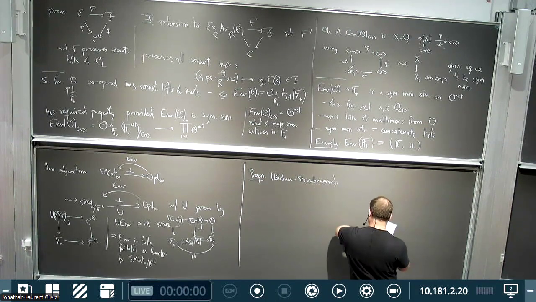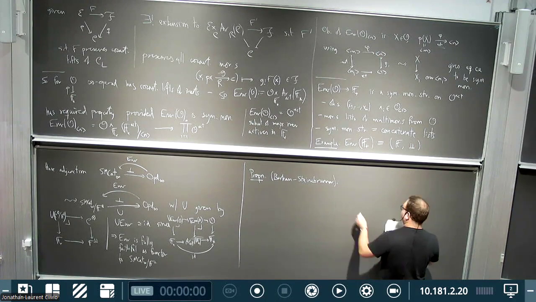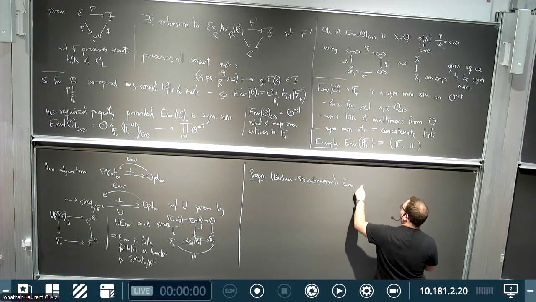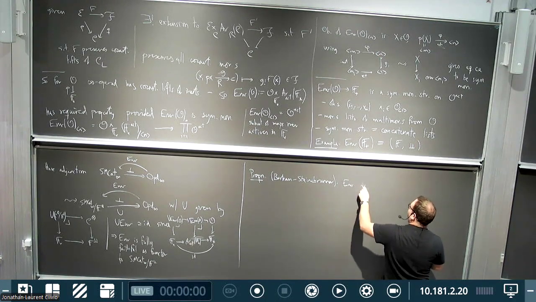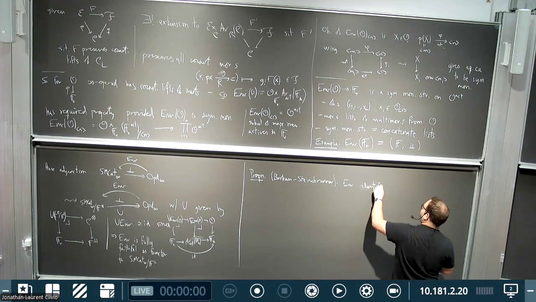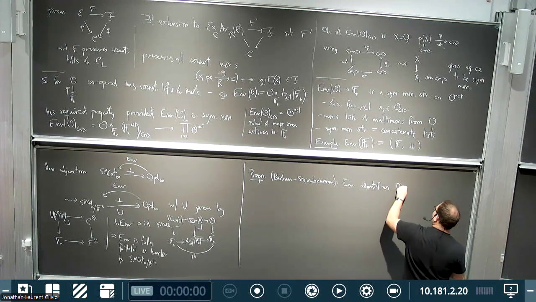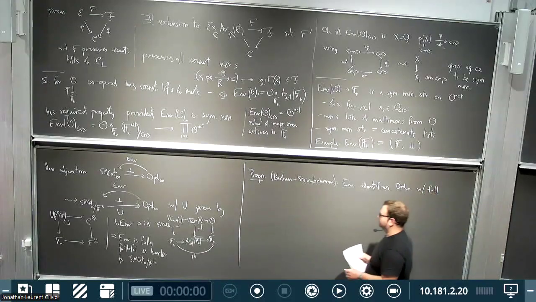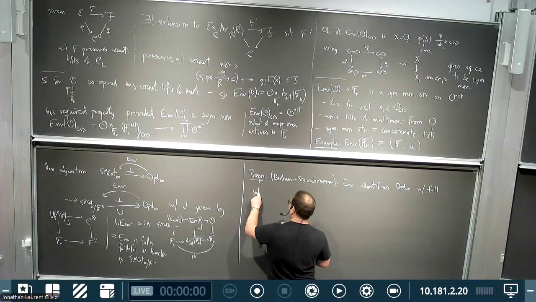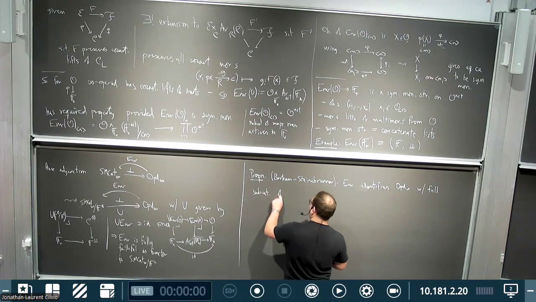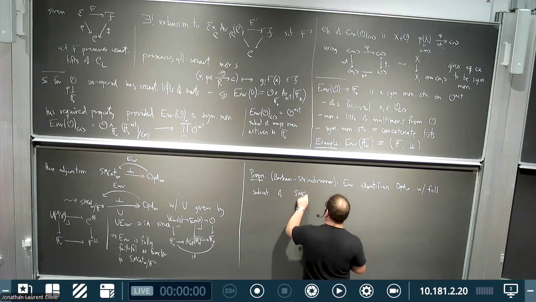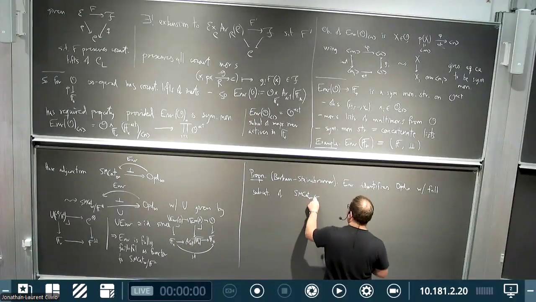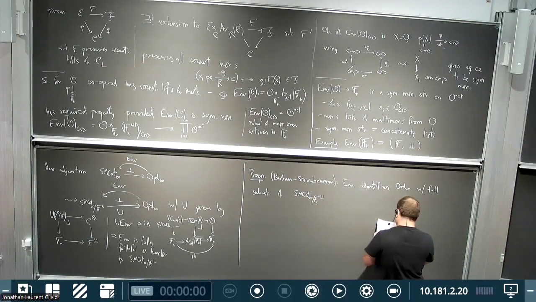That if I can identify infinity operads with the full subcategory of symmetric monoidal infinity categories over F product, satisfying the following condition.